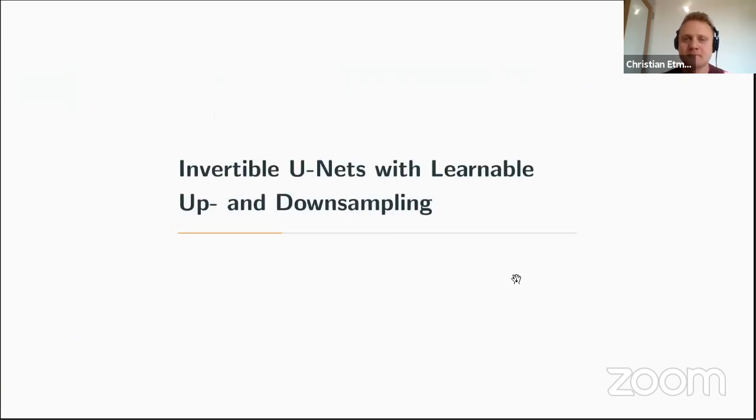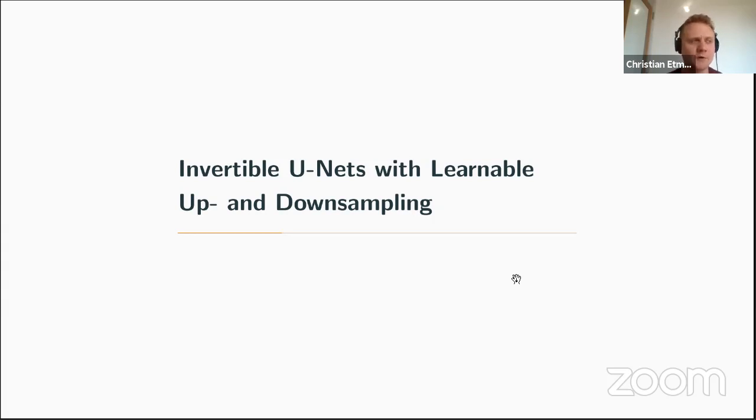Okay, so the idea now is to apply this principle to UNets. And for this, we will develop a learnable up and down sampling operation, which is at the same time invertible.